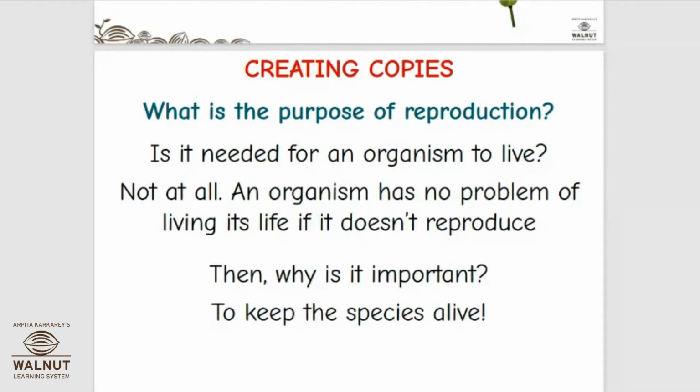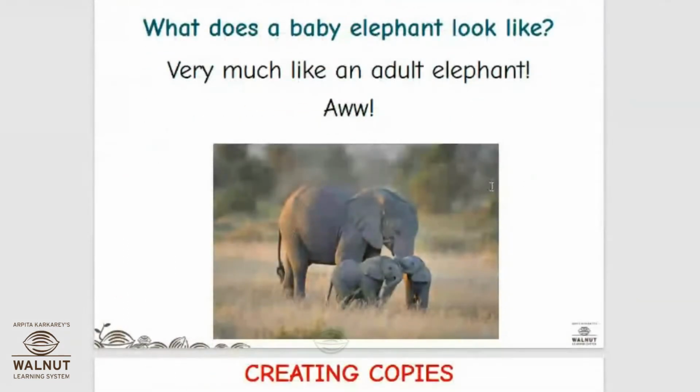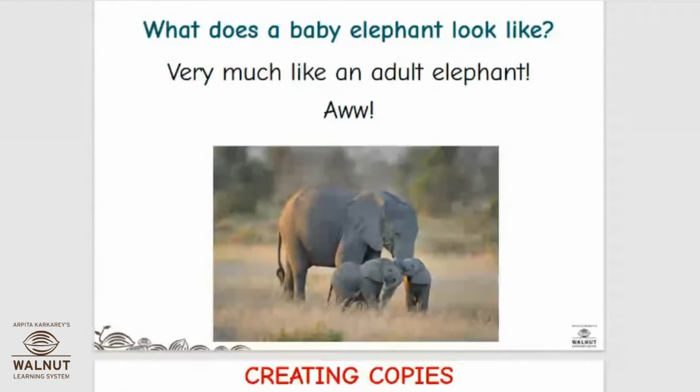And how does that happen? Because reproduction is taking place, their genes are getting transferred, and they are able to produce copies of their own type. What will an elephant baby look like? An elephant baby will look like its own kind, an elephant calf. An elephant cannot give birth to a cow calf, isn't it?